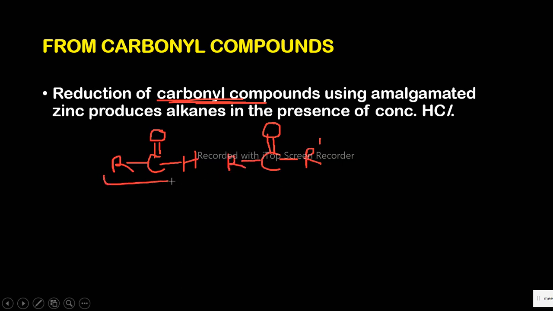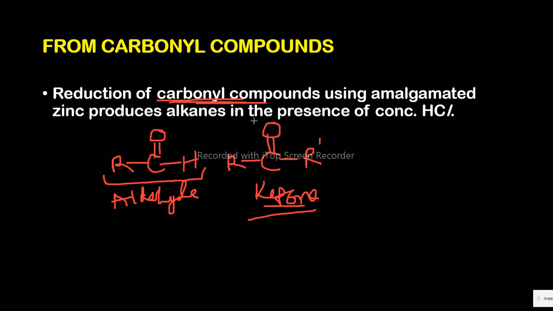So this one becomes an aldehyde, and this one is a ketone. We can name them depending on the number of carbon atoms. So we can prepare alkanes from these two.